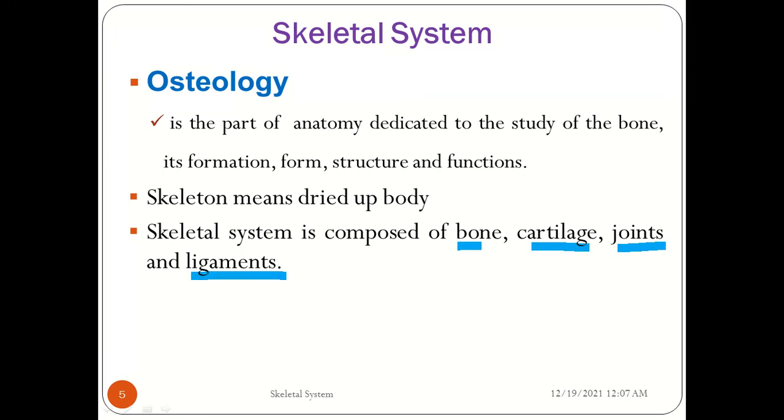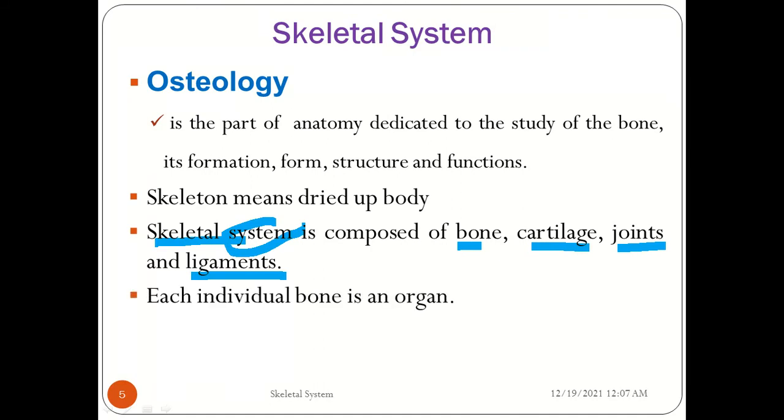That's why we say system. So each individual bone is an organ, cartilage is an organ, joint and ligament is an organ, each individual. But when we study the bone, cartilage, joint and ligament together, we can say skeletal system.